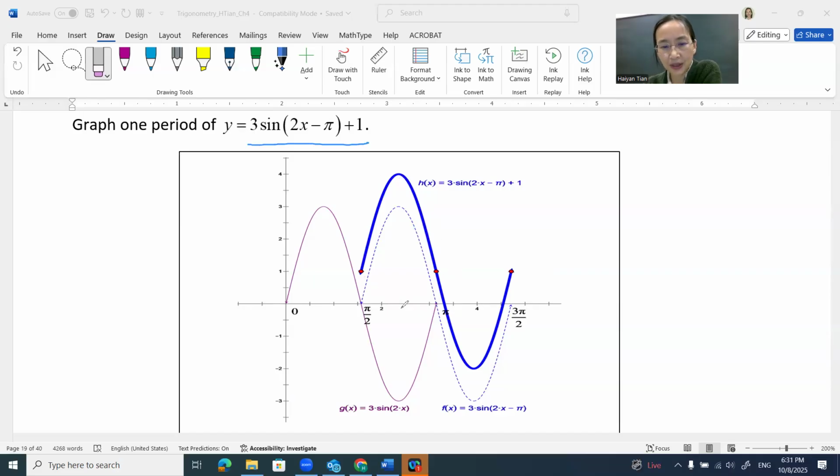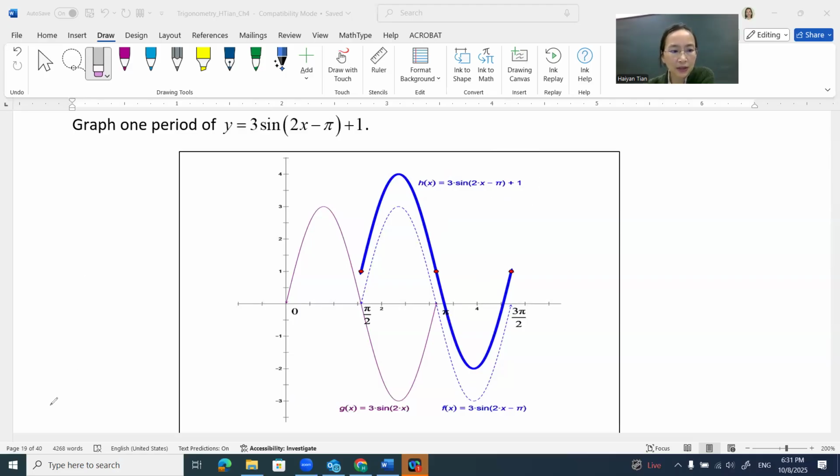You see, the dotted line is only this portion, and this solid blue line, compared to the dotted line, is 1 unit higher, up.